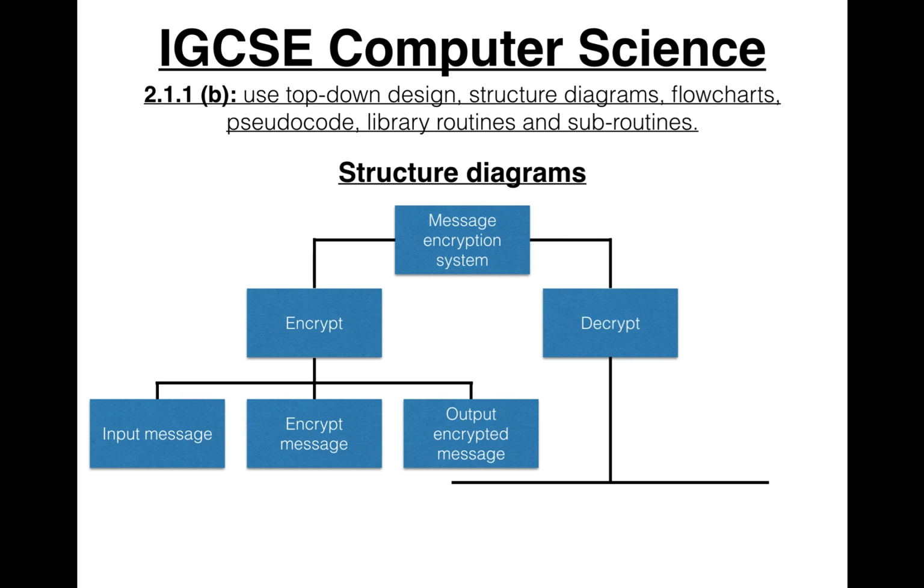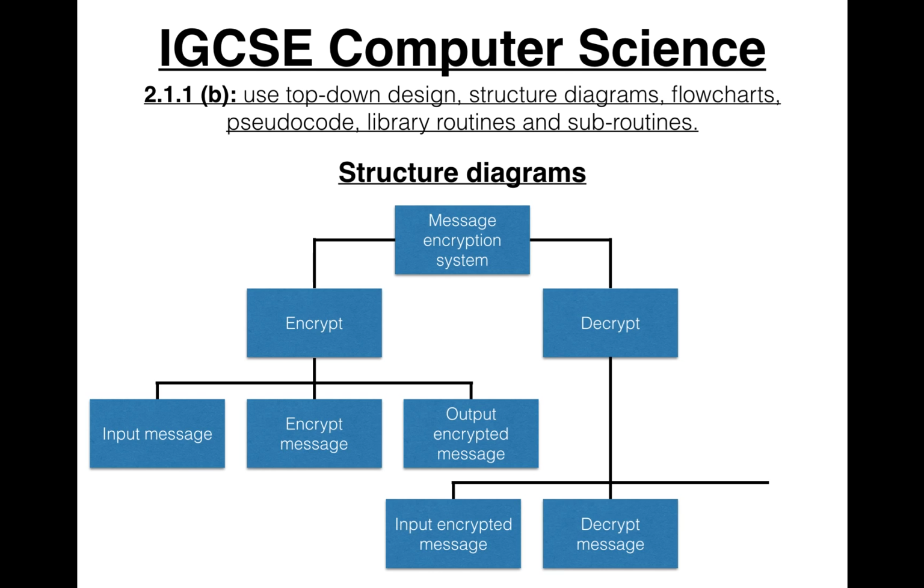The decrypt part could be input encrypted message, decrypt message, and output message. When we say encrypt message and decrypt message, we could refer to a subroutine, which is on the list, so we'll look at that as well. But this could also be broken down into smaller chunks, but we won't look into that now.